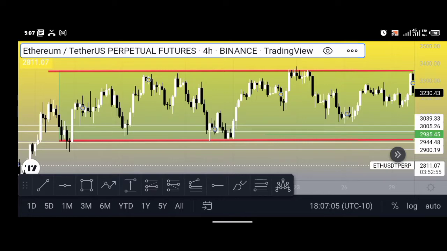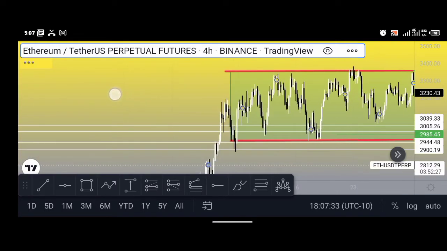Once you see this ranging market, that's why I say you have to know the market structure before you start placing a trade, because you may see something in a bullish range, place your trade, and it stops you out of the market. So you have to identify the ranging market.